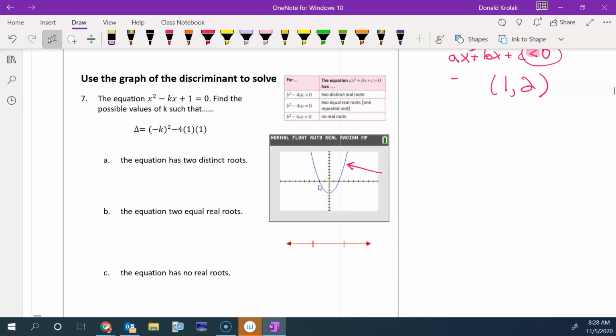So what I did was, this is my original parabola, so we'll put original. This is the discriminant of the original.